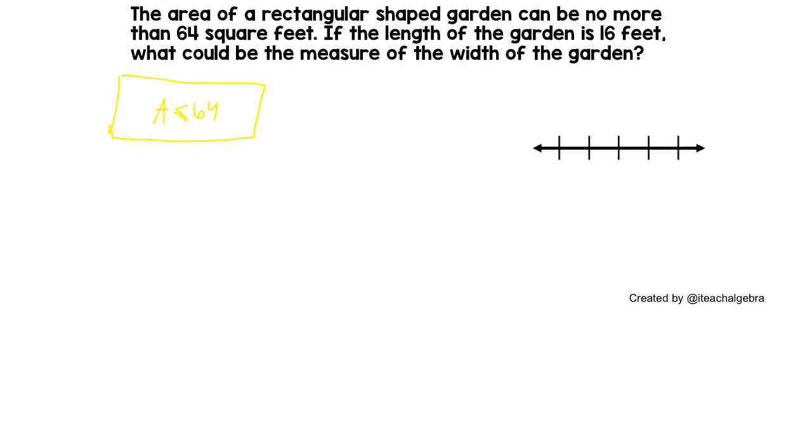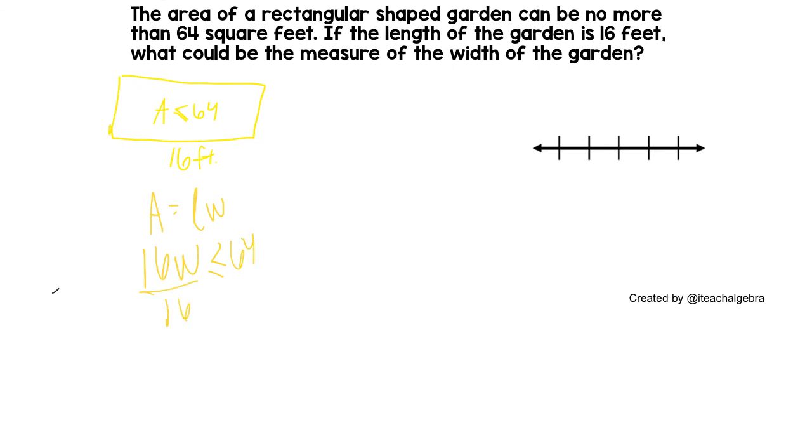If the length of the garden is 16 feet, well, we know from our years of learning about mathematics that the area of a rectangle is equal to the length times the width. So if our area is less than or equal to 64, then 16 times the width is less than or equal to 64.